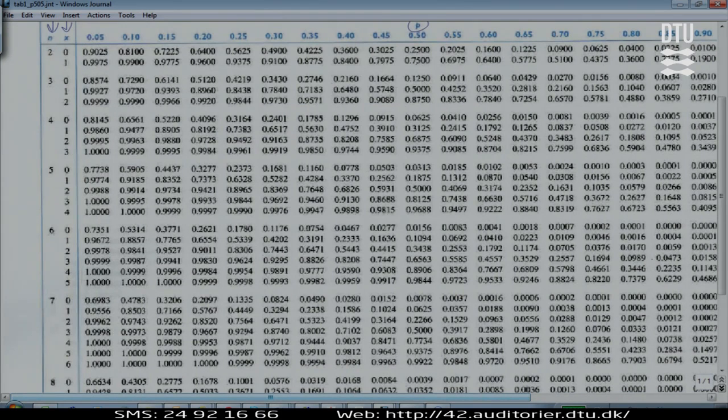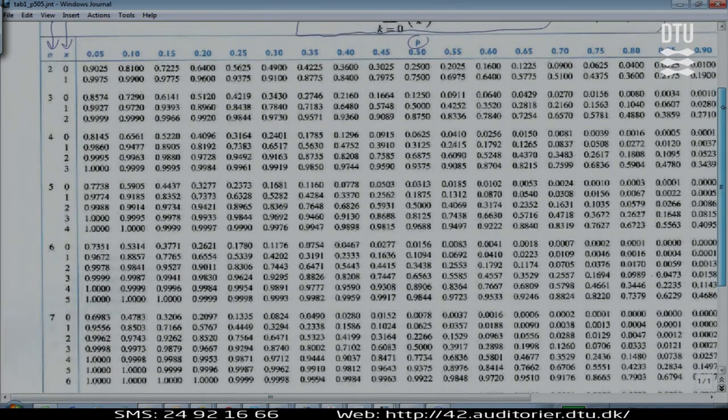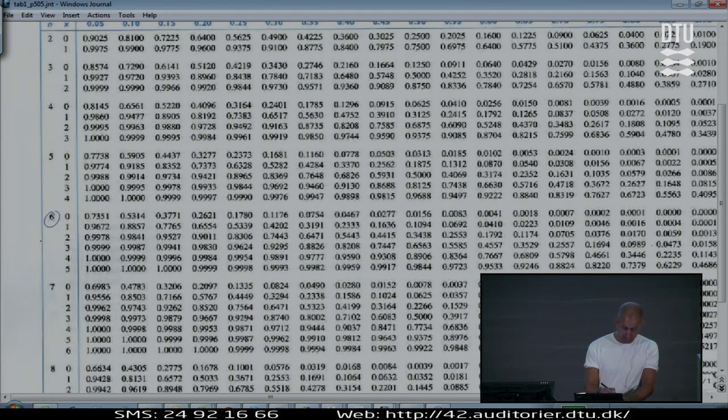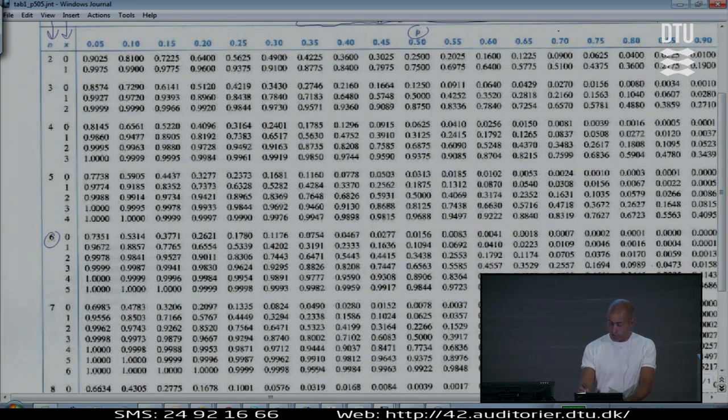But it's just to show you can actually come across, in many cases, without using R. In our case, we would have to go find the relevant n, which for us was 6 in our example. We also need to hope that we have the relevant p up here. If we don't have it, the table cannot help us. At least then you would have to interpolate somehow to get approximate values.